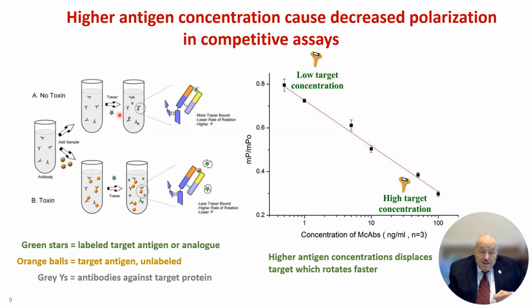So let's look at how this works again and how the anisotropy drops. First we have a solution of antibodies against some target protein. And the target proteins are going to be labeled in green. When we mix them together, we get the labeled version binding to the antibody. We get a high polarization because most of these labeled ones with the stars are bound up.